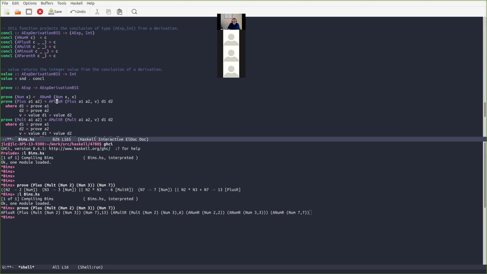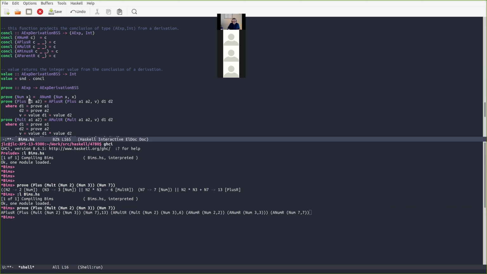So down here in prove, this is where we have to get specific and we say, okay, it's an A plus R rule. And not only that, the argument has to be a plus operator. So here in prove, you get specific where you're building the proof structure and examining the structure of an input.